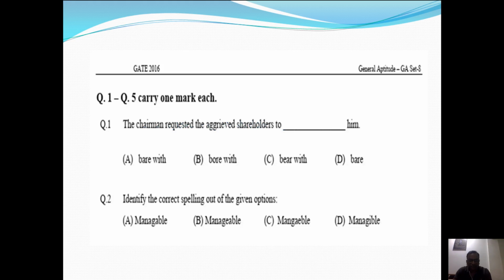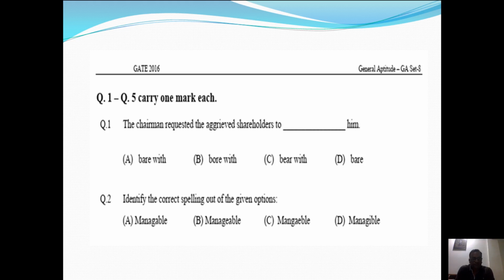Now just check the assignment. This is the paper of the 2016 GATE examination, general aptitude. We will have to read it carefully. Two or three slides are there. If you focus on that, you can easily solve it.